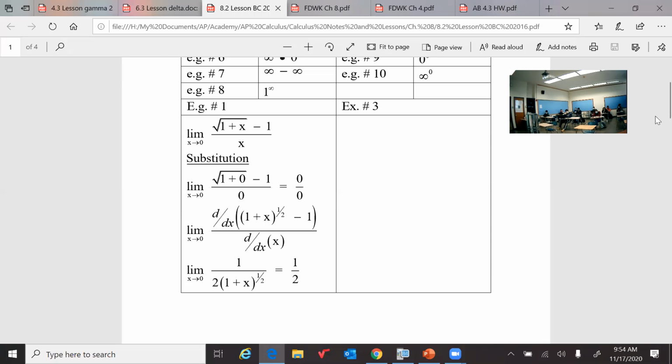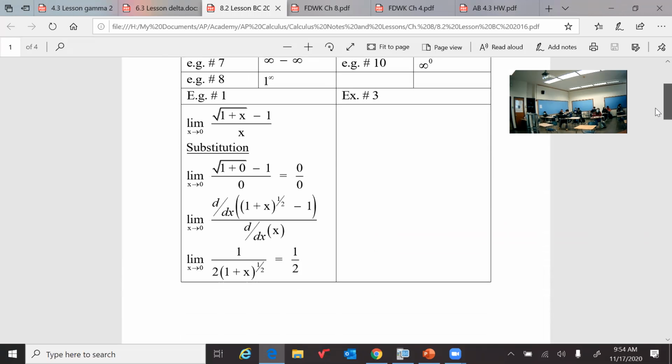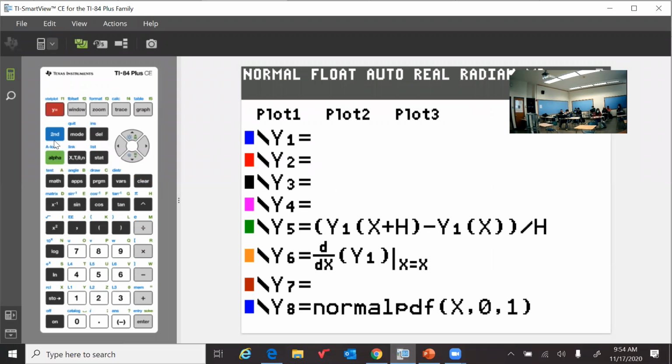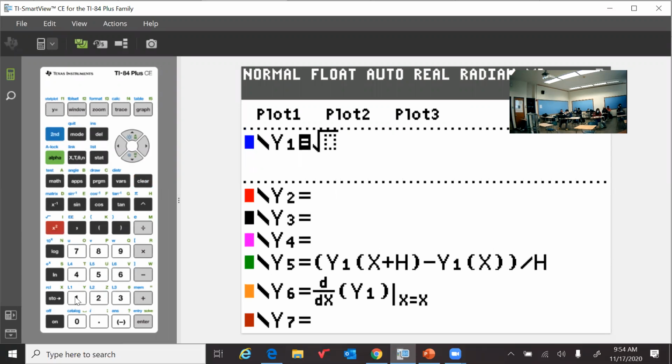So we go in here and say, all right, it's the square root of 1 plus x, take away 1, divided by x.